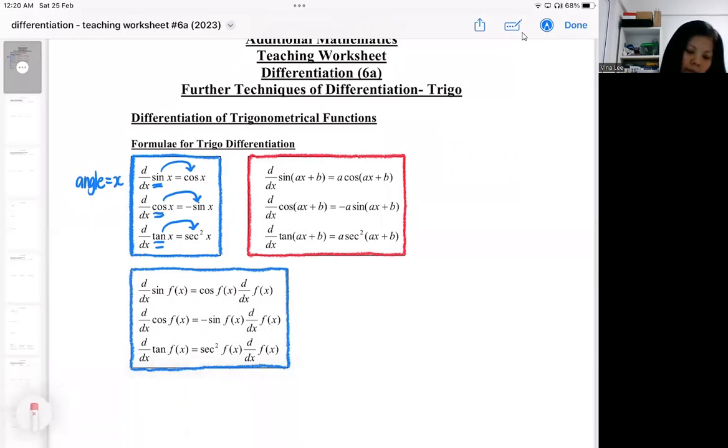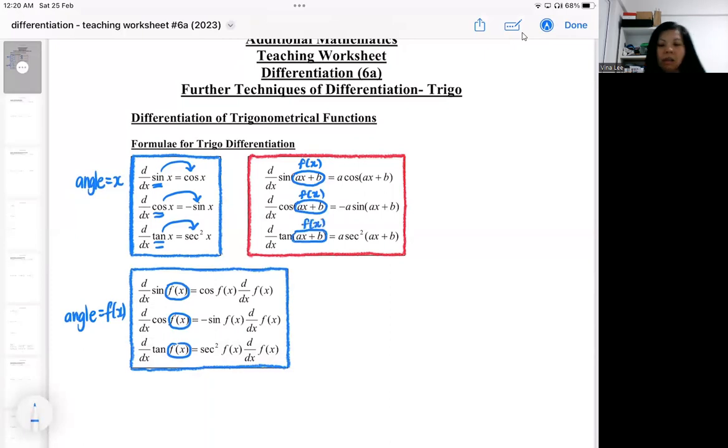That means the angle can be any function of x. So if you look, the angle is f(x). This is also like an f(x), a linear function. So the red color box is for f(x) being a linear angle.